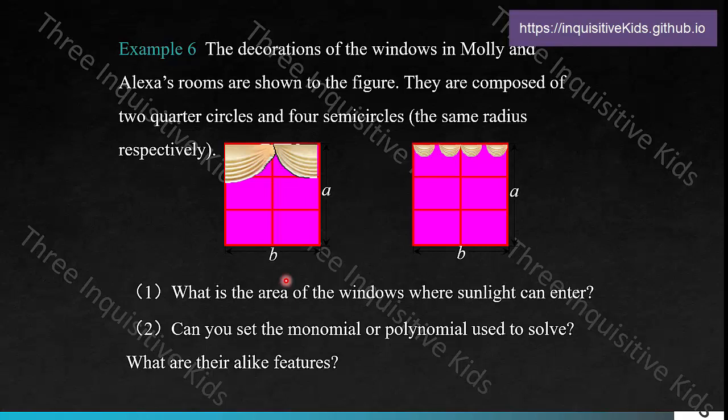What are their alike features? Look, over here, this is the area of the windows where sunlight can enter. It's first this whole rectangle, and then you subtract the area of the curtains. This isn't really good, but I think you get the idea. So they all have multiple variables, and the degrees are both 2.